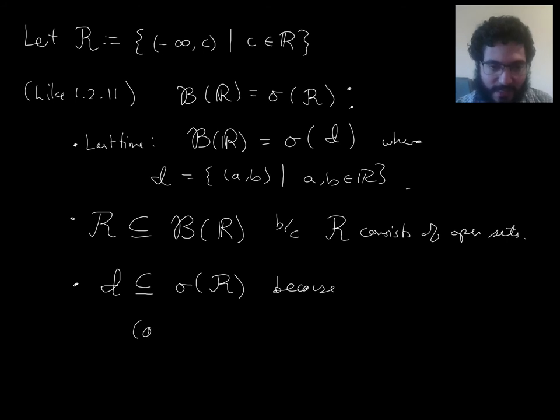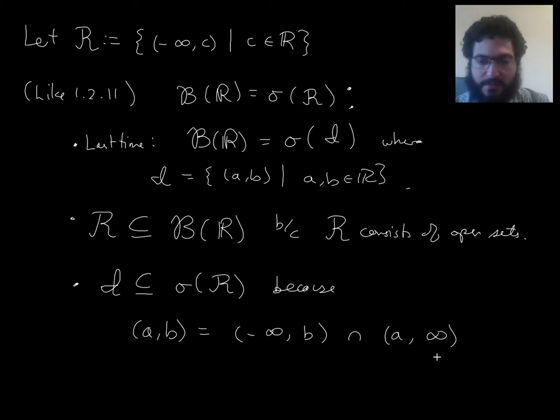So let's say I take an open interval (a, b). Well, here's a start. I can write it as, let's see, go out to b and then intersect with this one. You can write it like that. And this is in R, but this one might not be.